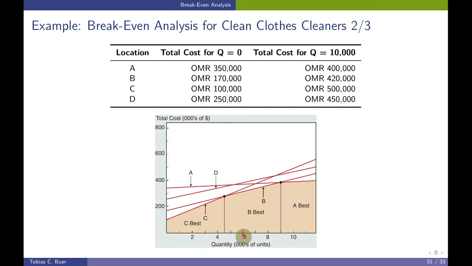If we think we might sell 6,000 units, 6,000 units is here, then we go up until we reach the first straight line, and this is the line that represents the total cost of location B. So in case we think we will sell 6,000 units, then it makes more sense to go for location B. And the same for location A. If we sell 10,000 units, we should choose location A. What you also see is that location D will never be chosen, so we can get rid of it immediately.